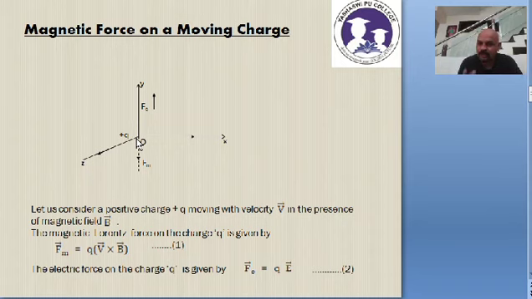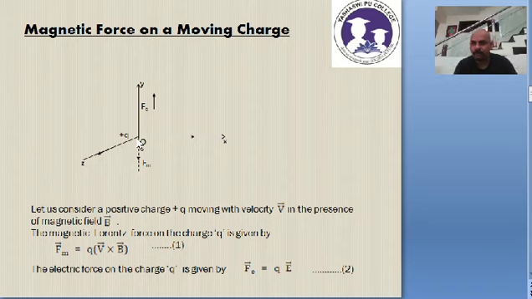You have applied the electric field along the y-axis, and the magnetic field along the z-axis. Now you allow the charge to move with a velocity v along the x-axis.